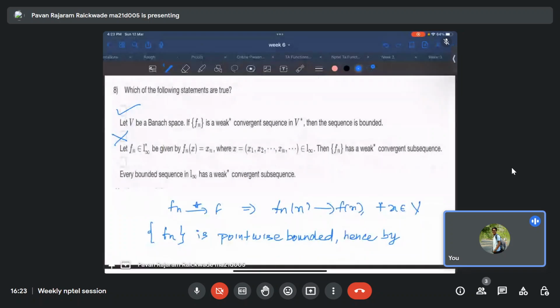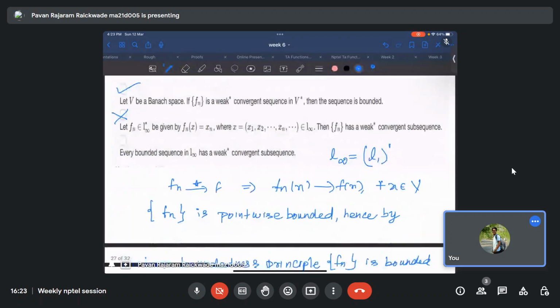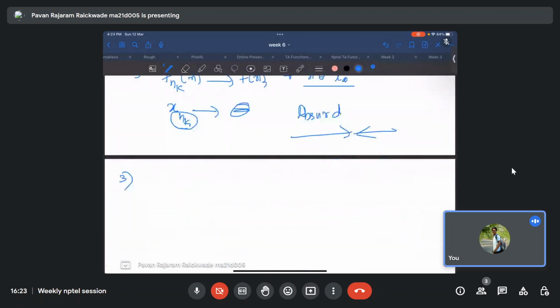Every bounded sequence in L infinity has a weak star convergent subsequence. Okay. So L infinity is here thought of as L1 dual, and L1 is separable.